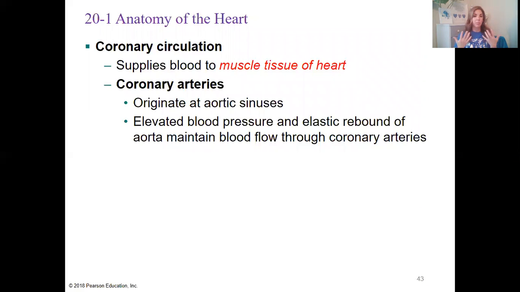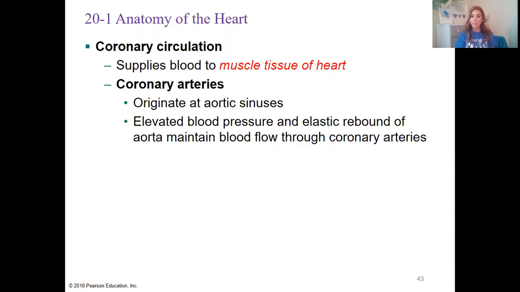Blood is being supplied to the rest of the body by the heart, but the heart still needs its own blood too in order to get plenty of oxygen, plenty of nutrients, and of course to eliminate waste. It's vitally important that the heart get fresh, healthy blood as well.